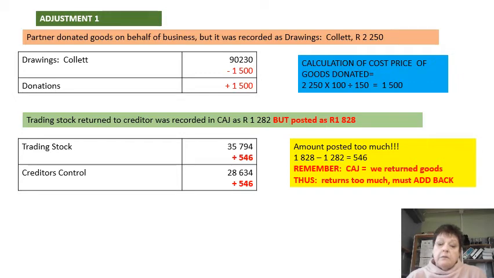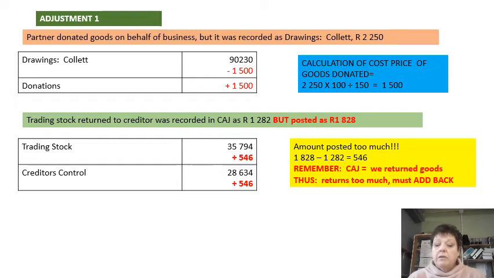Second part of adjustment 1, trading stock was returned to a creditor and it was recorded in the CAJ as 1282 but posted as 1828. What does this mean? This means that the amount we've posted was too much. Remember, in the CRJ we return goods.